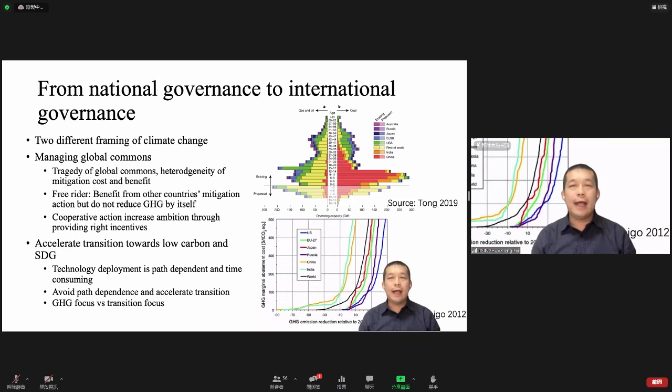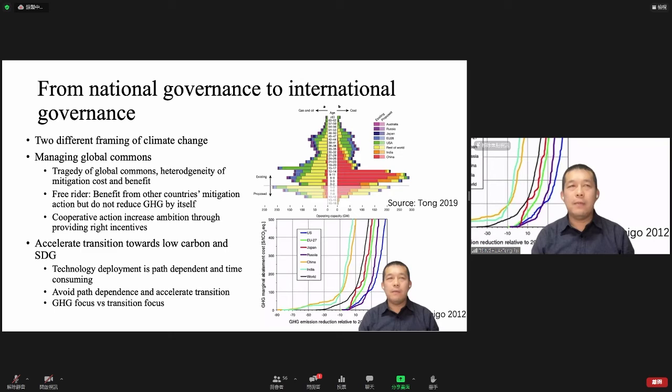One is more economics-centric thinking, which generally frames climate change as a problem of managing global commons. The commons are generally goods from which you cannot prevent others from benefiting or suffering. For example, carbon dioxide emission and the global atmosphere are a good example of the global commons.